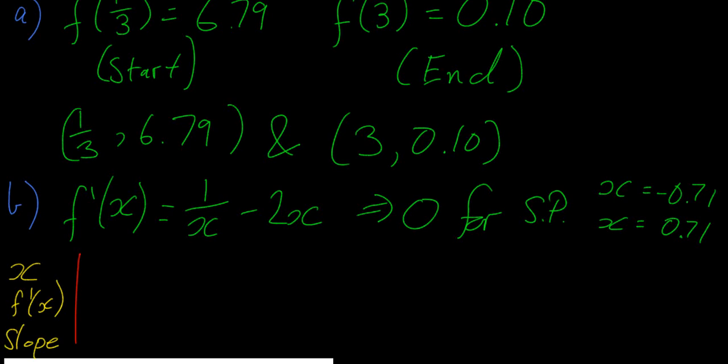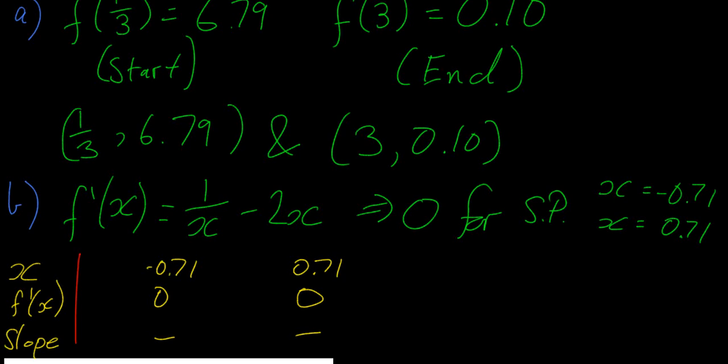We know that we have a derivative of 0 when x is negative 0.71, and the derivative is also 0 when x is equal to 0.71. And the slope, of course, is flat at both these points. Let's make this a little bit flatter. Yeah, okay. Beggars can't be choosers.